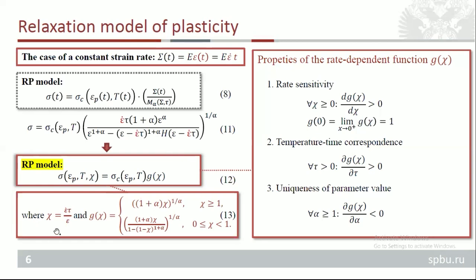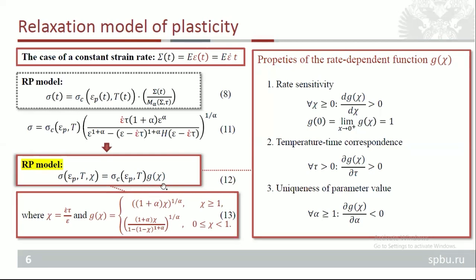And finally, just by introducing this dimensionless rate-dependent variable chi, we can derive the RP model in the final form shown in equation 12, where again sigma c accounts for the stress-strain diagrams of materials under quasi-static loading conditions, and function g is a rate-dependent function.